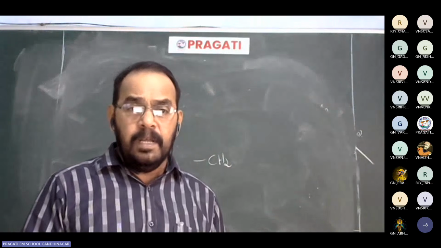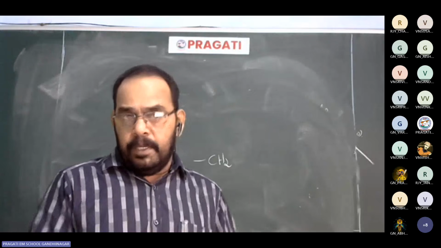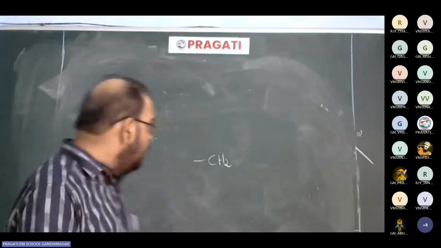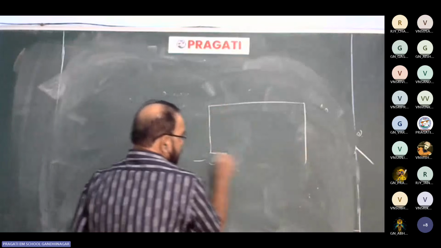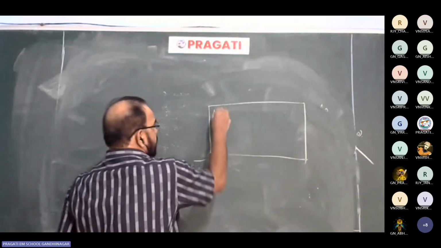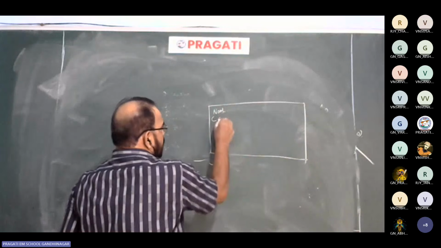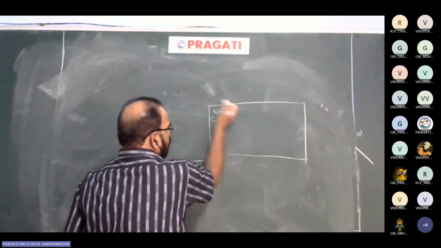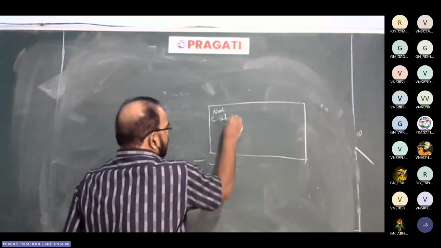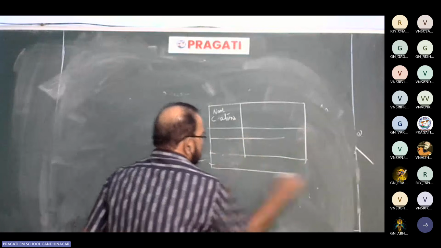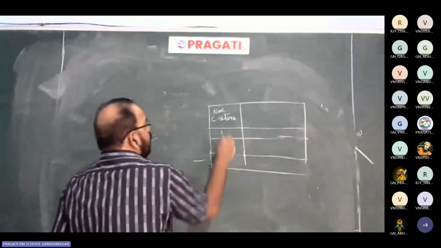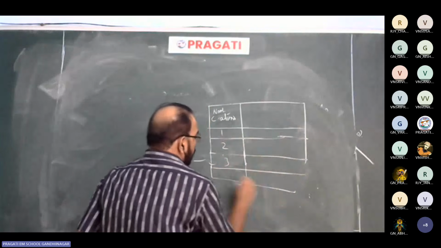Okay, that is one. Next, I told you that you will get a table-based question in the 8-mark section. In the table-based question, generally they give the number of carbon atoms, like 1, 2, 3, 4.